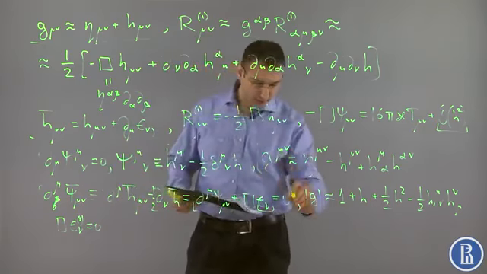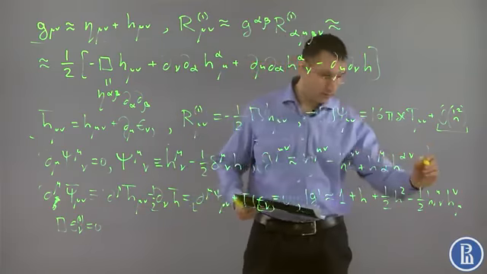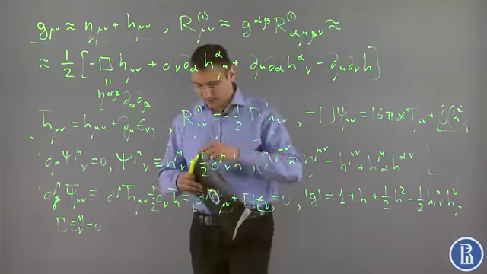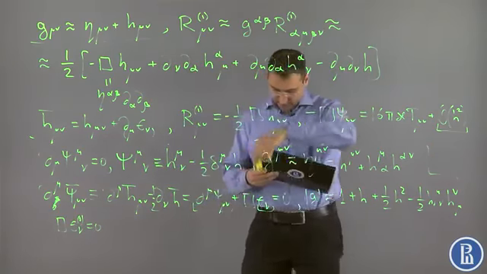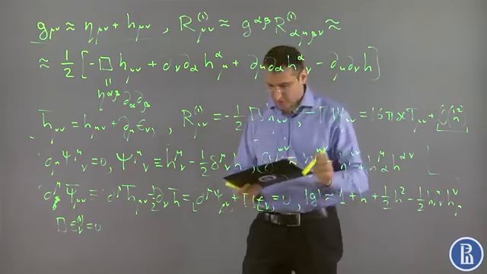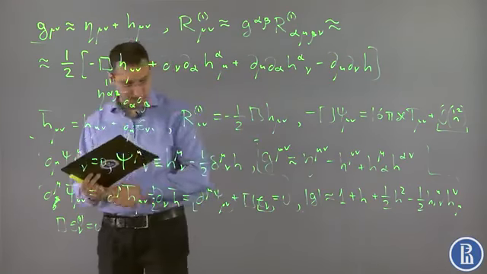This is at the second order. Now one can find also the Ricci scalar and Ricci tensor.